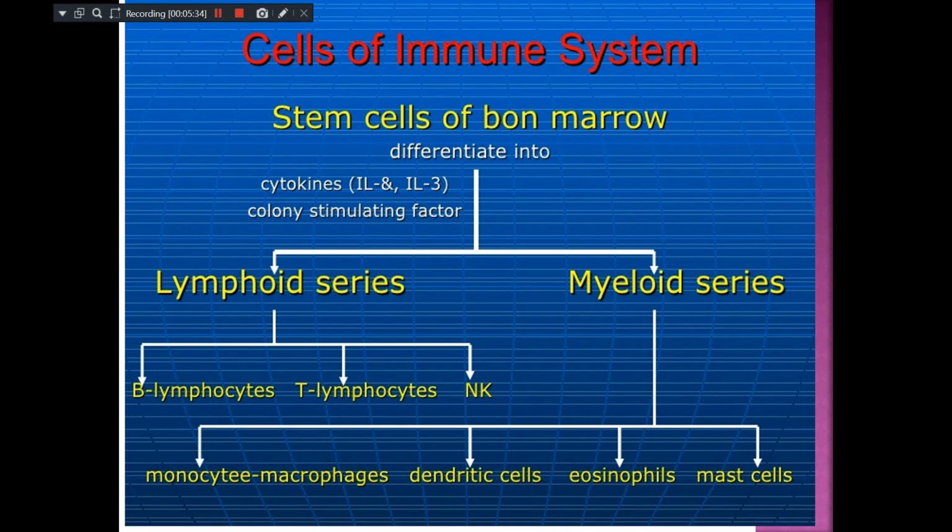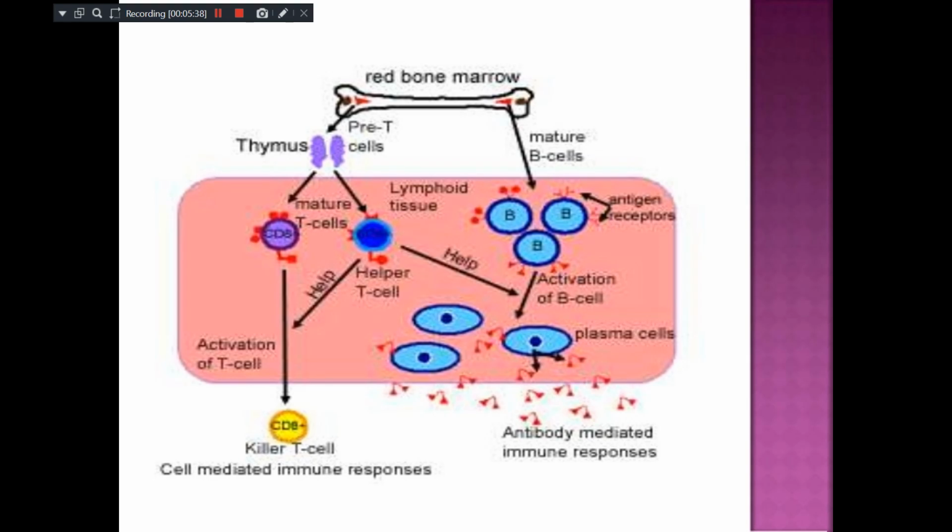In the next slide you will see how they are produced. The red bone marrow produces these stem cells. These stem cells will mature into either pre-T cells or mature B cells. The B lymphocytes mature in the bone marrow only.